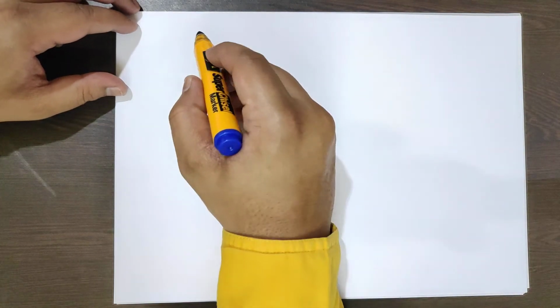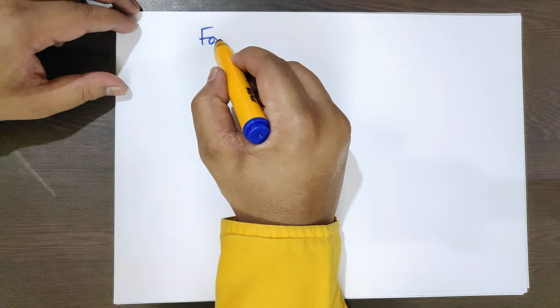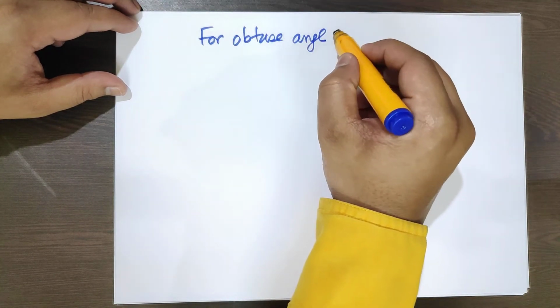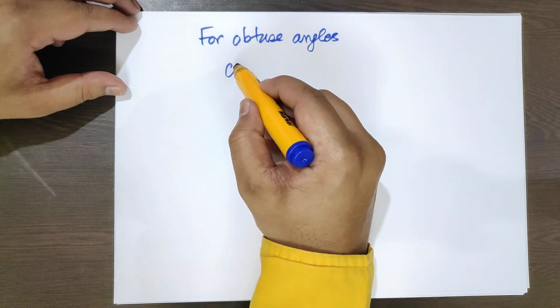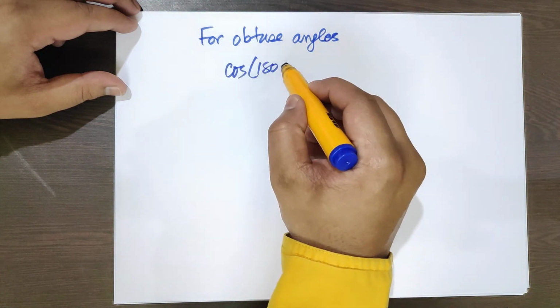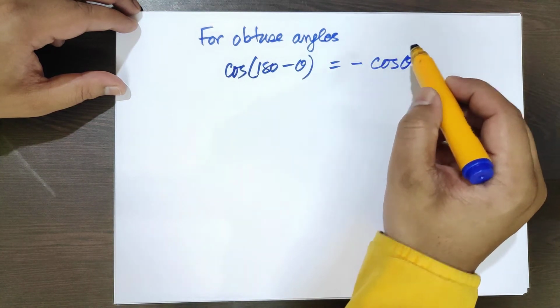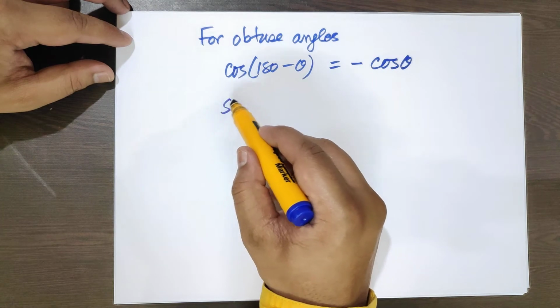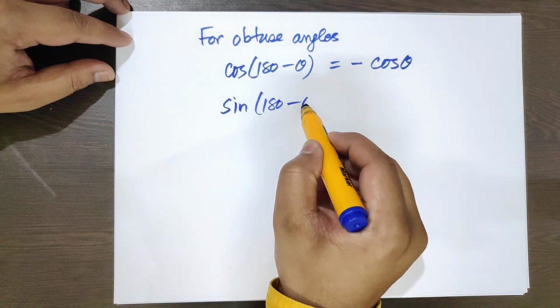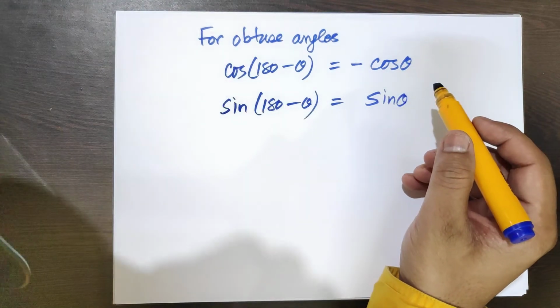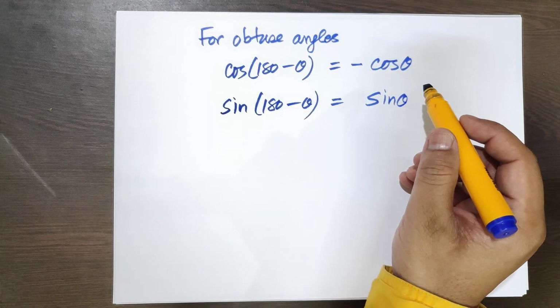I'll just give you a formula, and it will be discussed in detail in your maths class. For obtuse angles you can use this formula: cos of 180 minus theta equals minus cos theta, and sine of 180 minus theta is equal to sine theta.